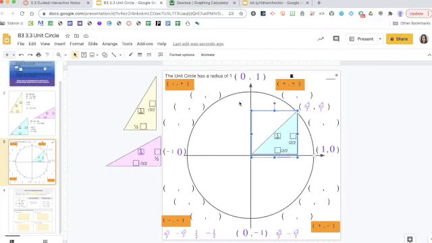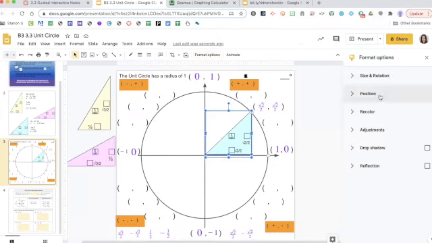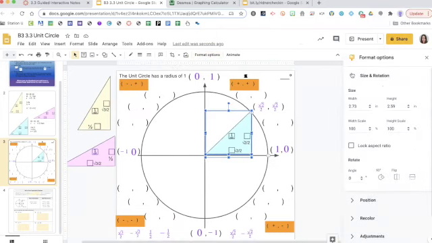Next, I want you to select your grouped object and hit Format Options. This should pop up. And we are going to flip it horizontally so that it is going the other way.